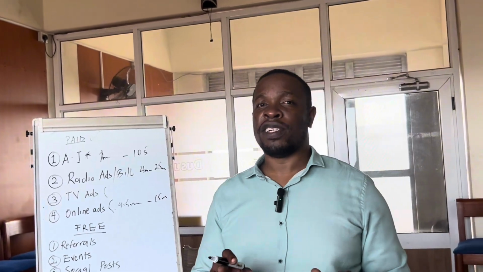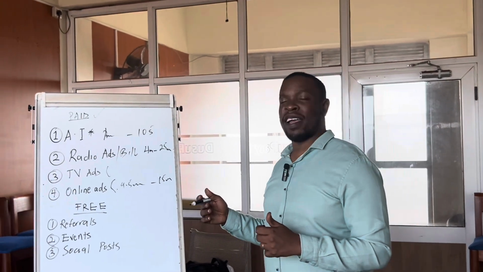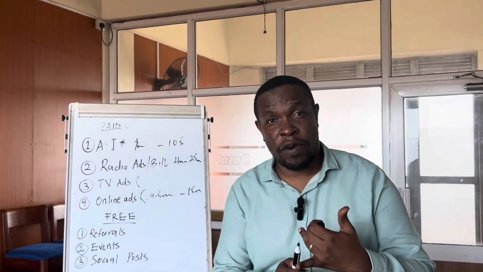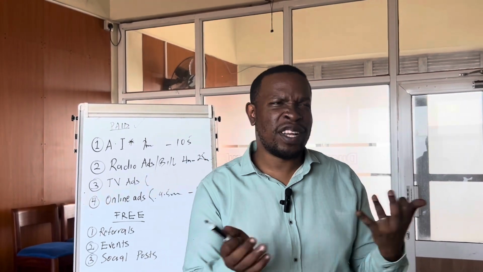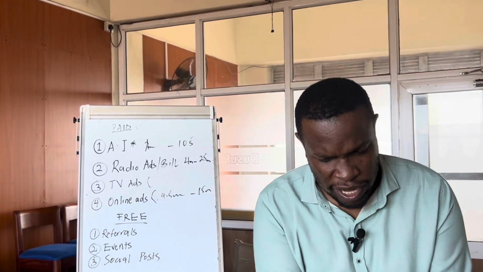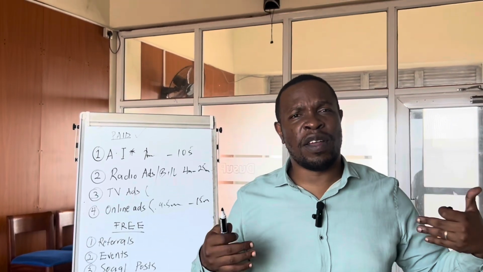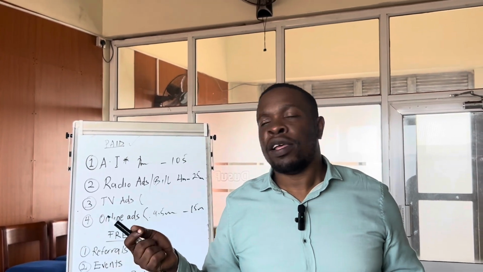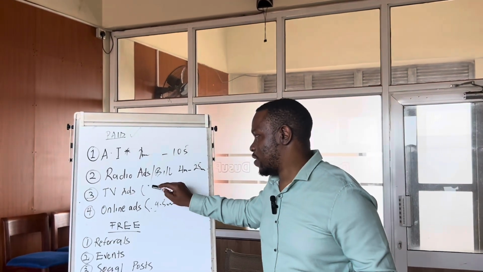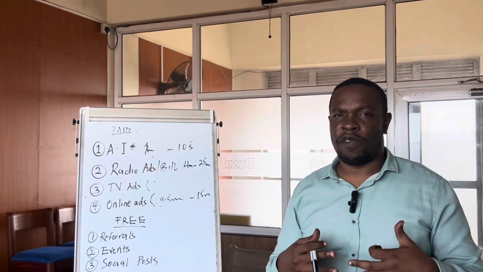When you're choosing among the paid alternatives, there are different things you consider. Number one, consider the pricing. Number two, consider what you are trying to achieve. Are you trying to go local and target the people within your neighborhood, or are you going countrywide and can attract anyone from anywhere around the country? All you have to do is choose and say, this is what would work for us.